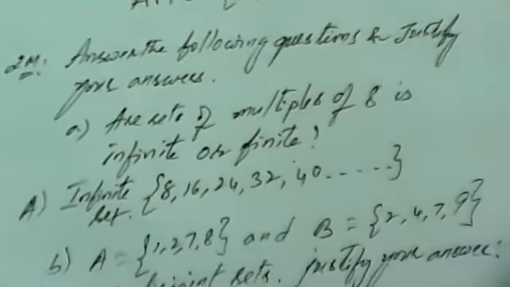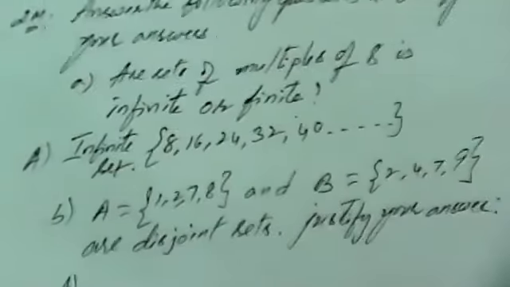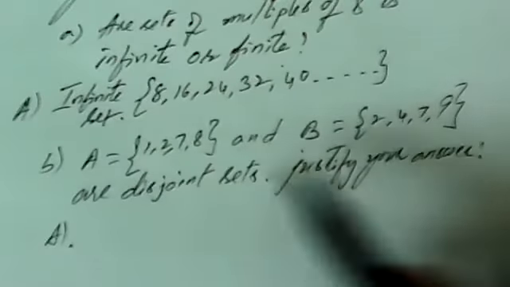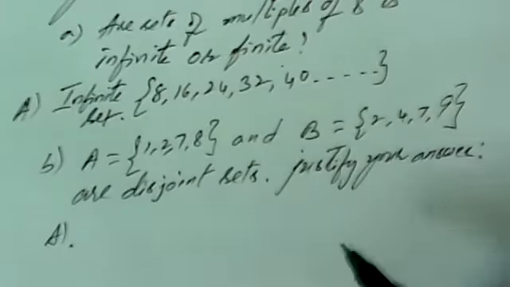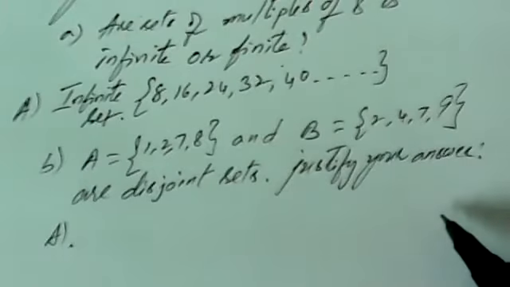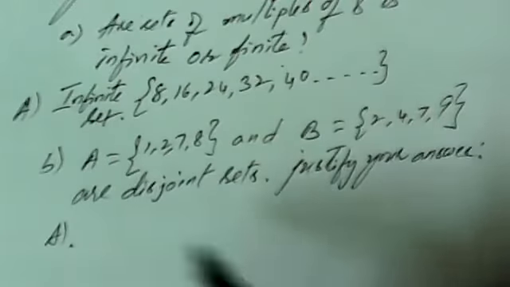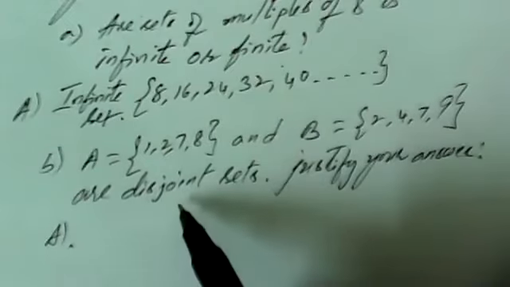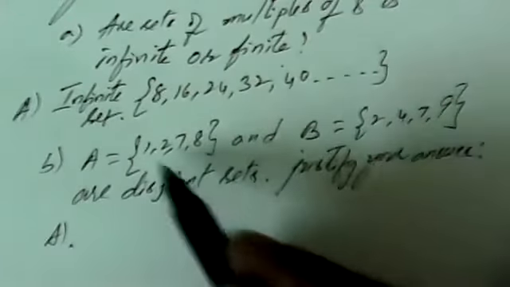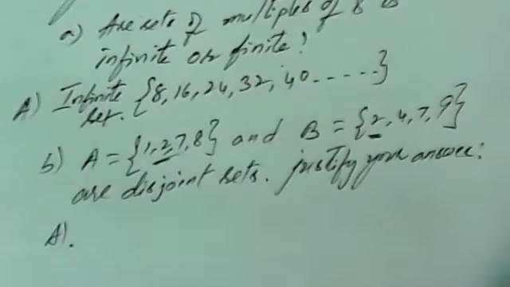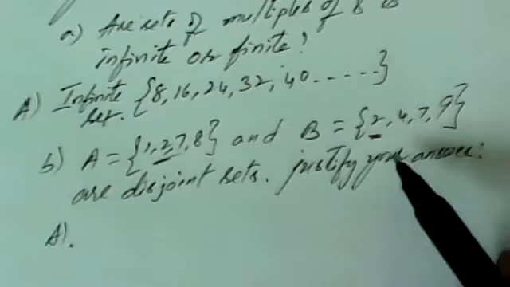The next question: set A equals {1, 2, 7, 8} and B equals {4, 7, 9}. Are they disjoint sets? Justify. So they are saying that they are disjoint sets. Disjoint means there won't be any common elements. But at a glance it is showing that 2 is present in both the sets.